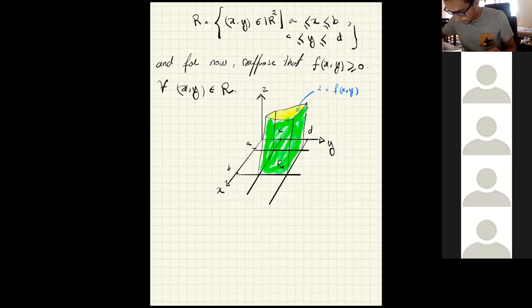So that's the goal of double integrals. It's not a cube; it's a function in general. It's not easy in general, might be something like this.